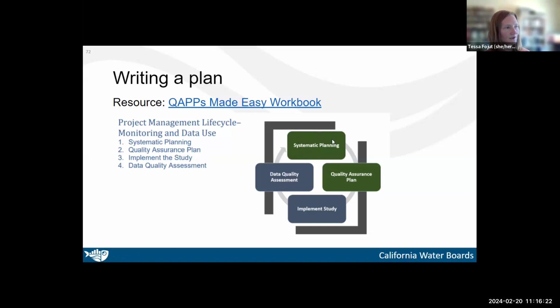But the idea is you're going to make a plan systematically, going through those steps that Jay talked about, and then document that in your plan. You're going to implement it, and then you're going to assess your data later, and that can inform future planning for you. So that's the general project management lifecycle and where a QAP fits into it.